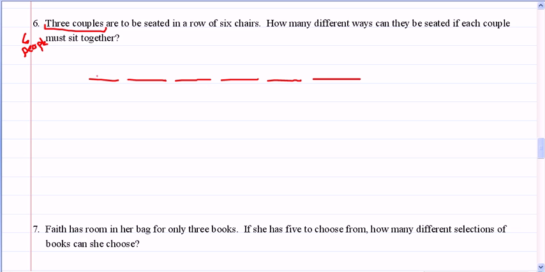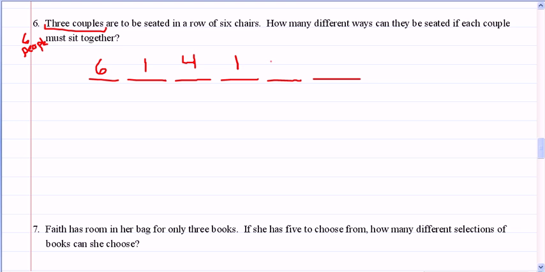And in the first chair, any of the 6 people can sit in that first chair. Since couples have to sit together, the person who came with the one who sat in the first chair has to sit next to him, so there's only one person that could sit next to him. That means there are 4 people left. Any of the 4 people can sit in the third chair, but his partner has to sit next to him.